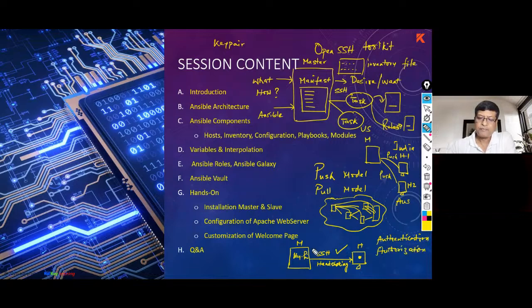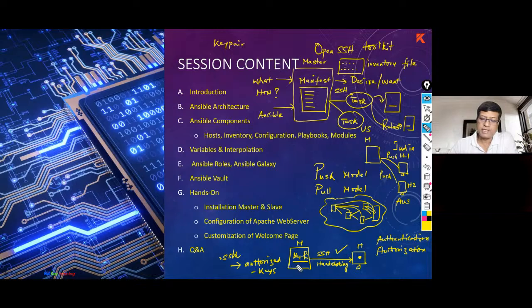And make sure that there is a folder called .ssh. If you learn Linux, you will know that there is a folder, and under that there will be an authorized keys file. There you are going to put that key pair.